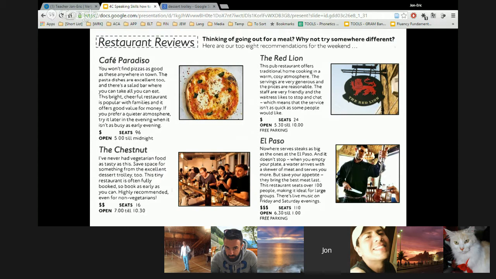They bring the best meat last. The restaurant seats over 100 people, making it ideal for large groups. There's live music on Friday and Saturday evenings, seats 110, open 6:30 till 1 a.m. Good. Maybe the word that's not clear is skewer of meat.